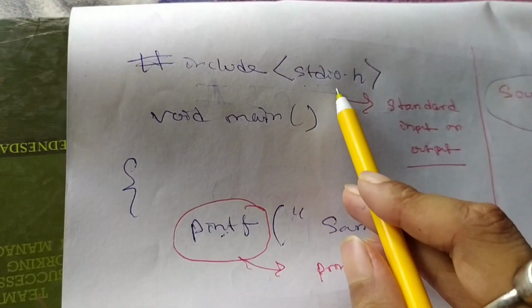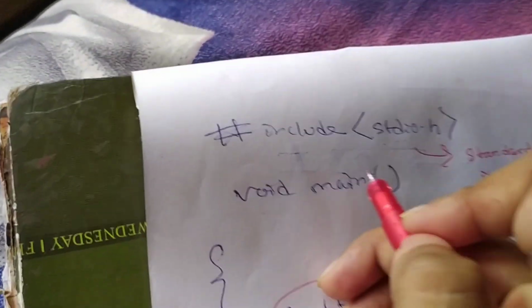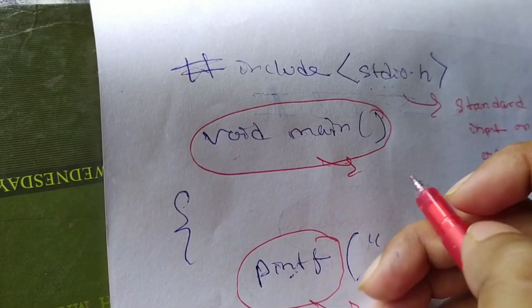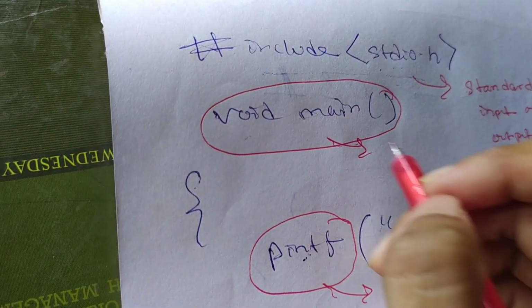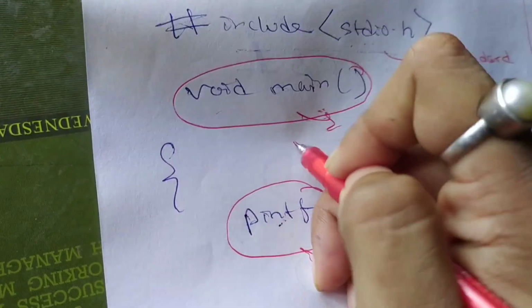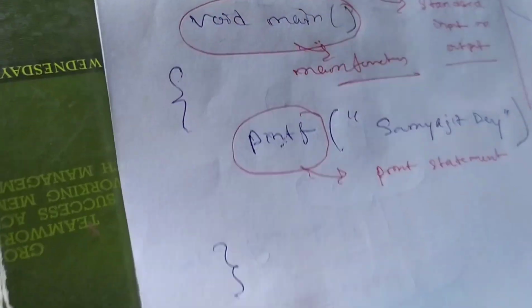So this is mandatory. And void main is the main function, so beneath it we will write whatever program we want to execute, inside this main function.